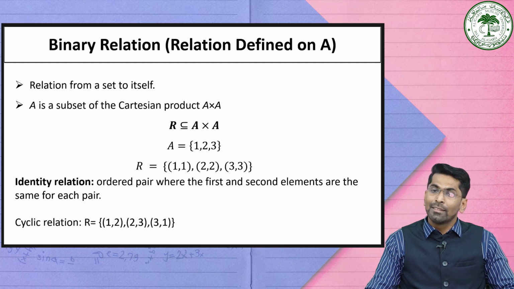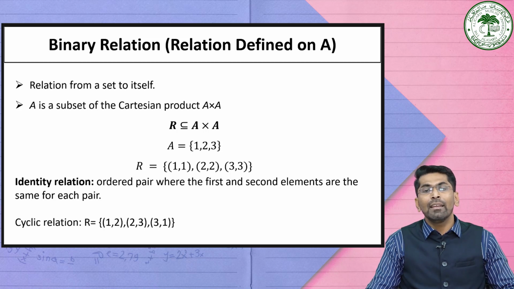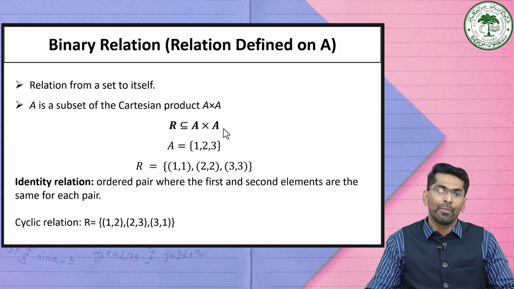That's why it is known as a cyclic relation. Generally, we can say that a binary relation is a subset of the Cartesian product A cross A, which consists of all possible ordered pairs of elements from set A itself. So this is the case of a binary relation.